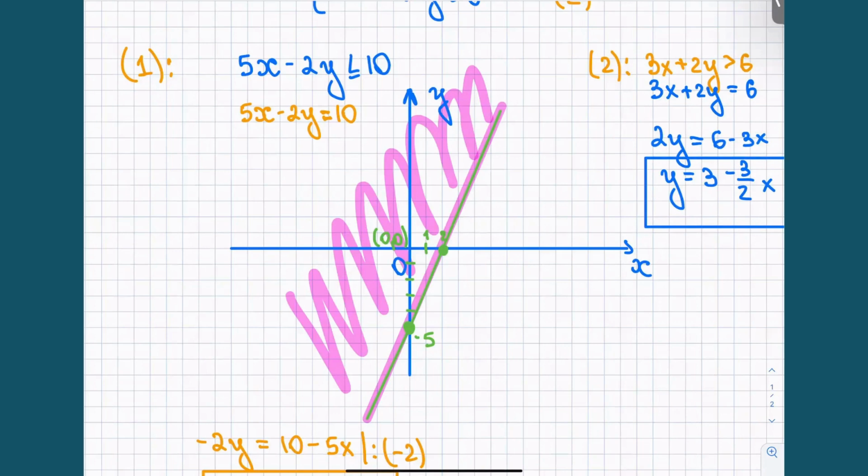We again need just 2 points. How do we find these points? We just take 2 values for x, and then calculate the appropriate y value. Again, it's very easy to pick a 0 value for x. Then y will equal 3. And then it's easy to pick the value 2 for x, and then y will equal 0.